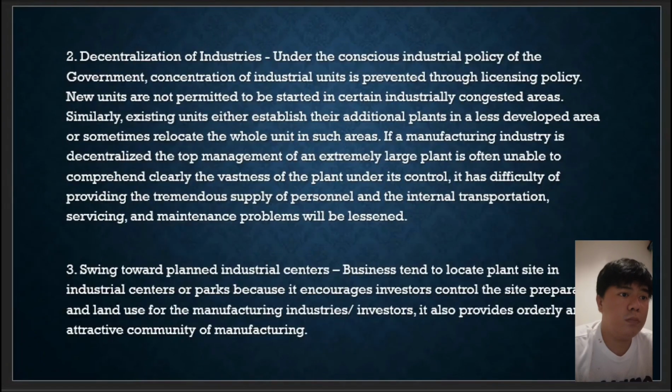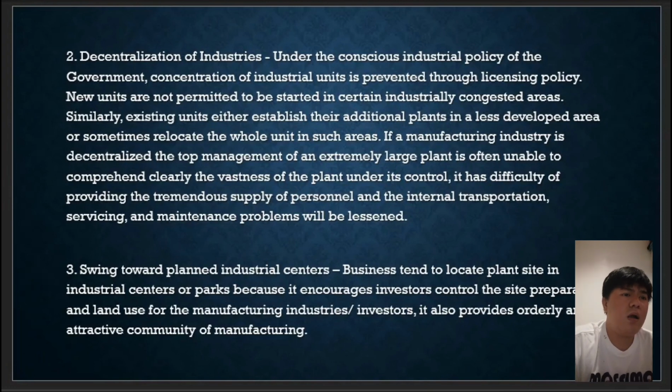So number 2, decentralization of industries. Under the conscious industrial policy of the government, concentration of industrial units is controlled through license policy.